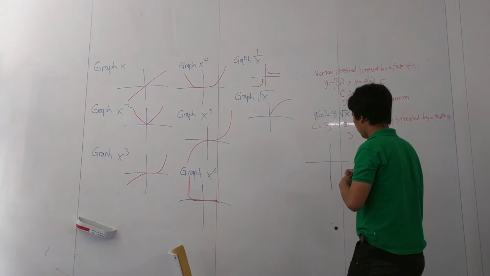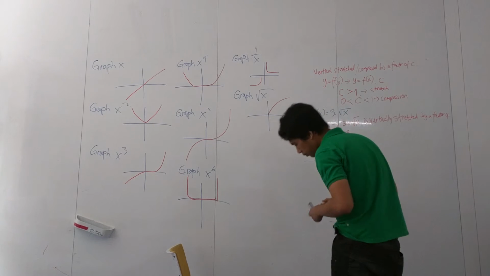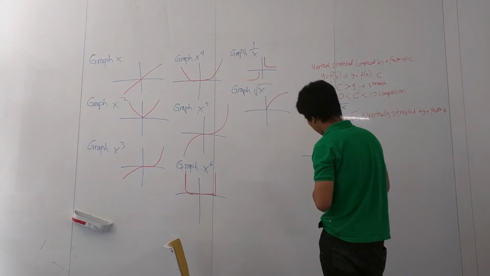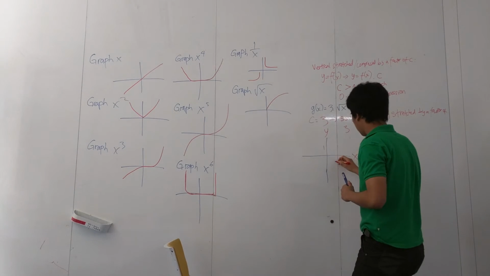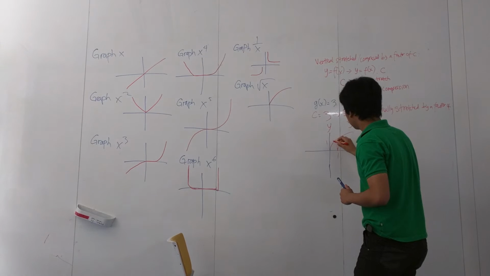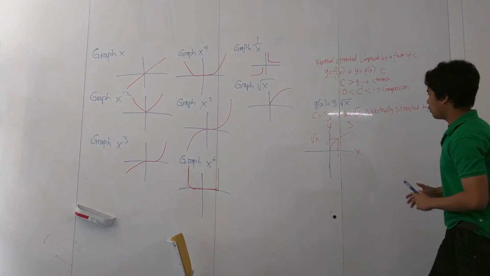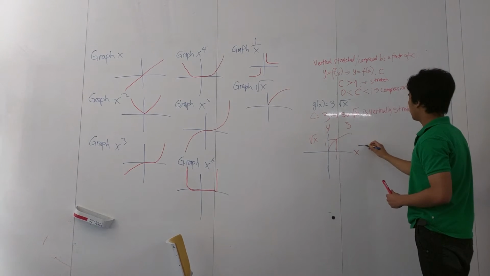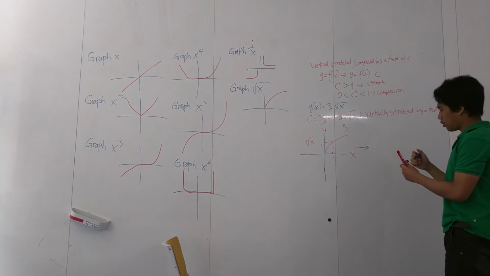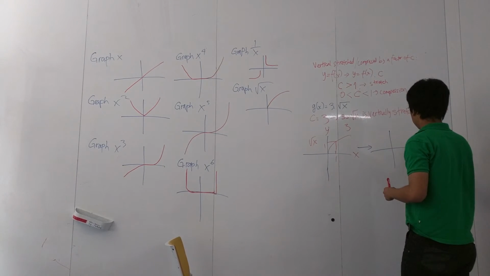So this is the y, this is the x. For example, this 1 is 1. It's the root of x. So we got this graph, and then we change the graph to be vertically stretched by a factor of 3. So it must be like this.